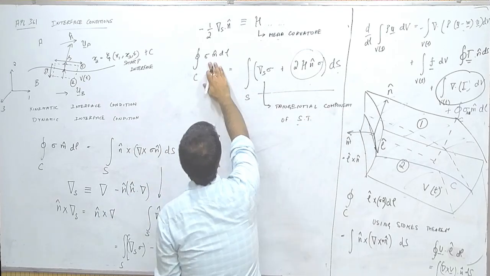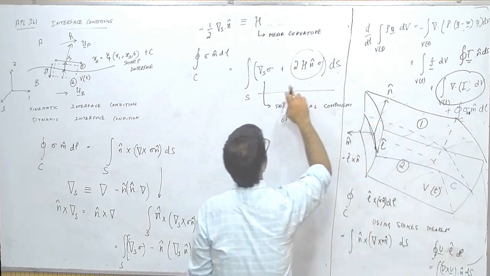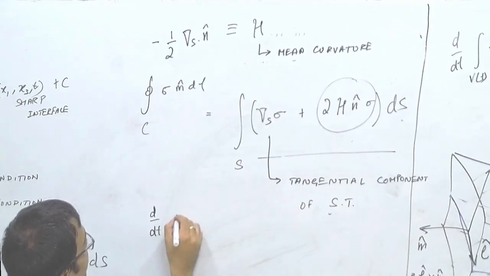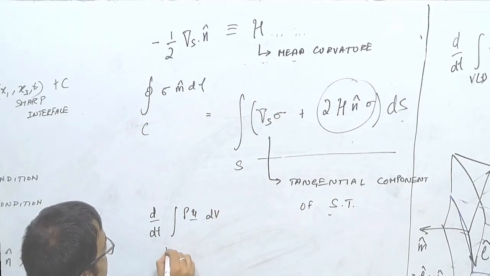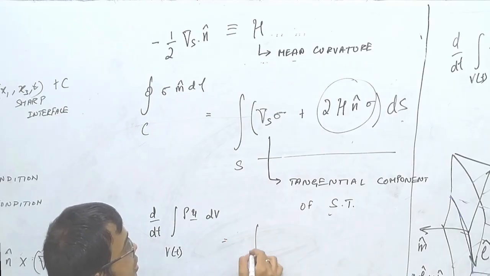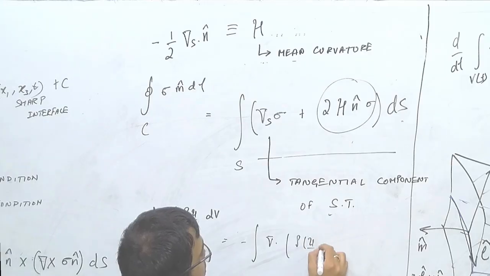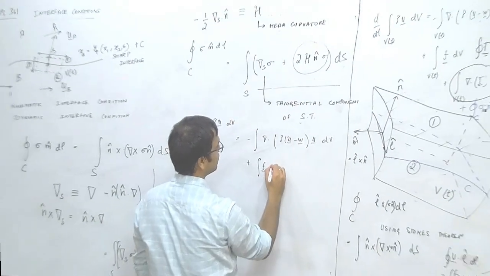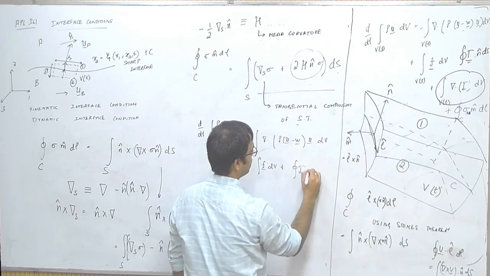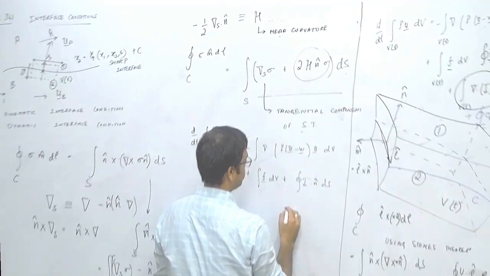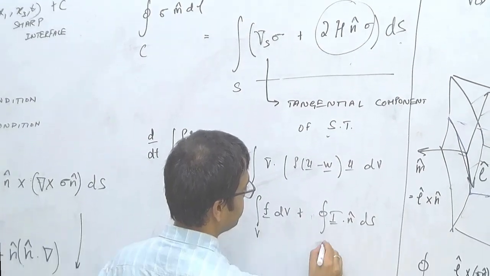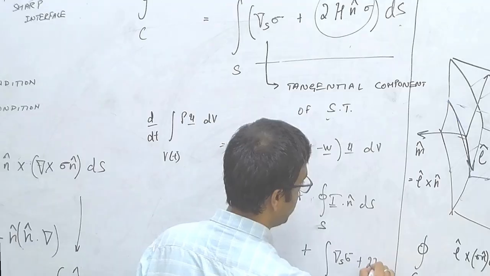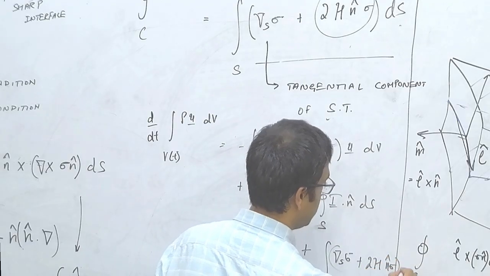So now that we have simplified this sigma m dl to this form, we are in a state to write my momentum equation over this control volume. This is grad s sigma plus 2h n hat sigma ds.